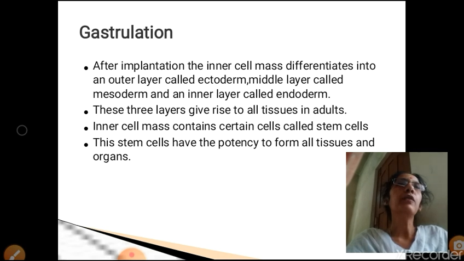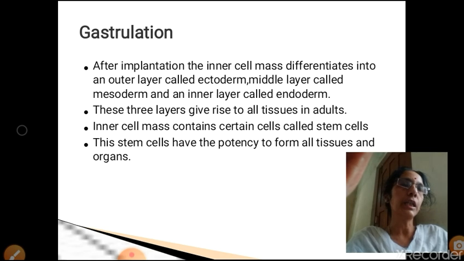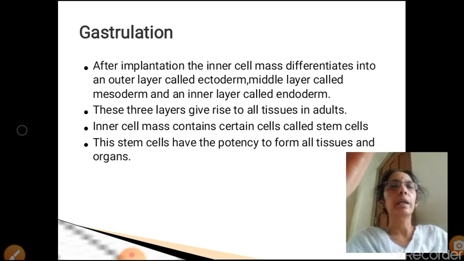Now, after implantation, the inner cell mass will differentiate into 3 layers. So, you know very well that human beings are triploblastic organisms. Last year you have studied that if an organism is formed from 3 germ layers, then it is called a triploblastic organism.